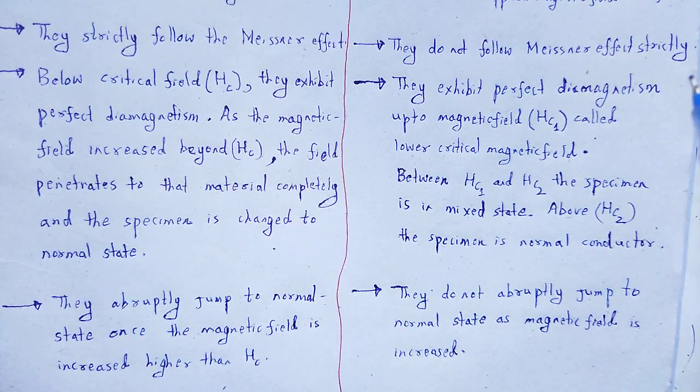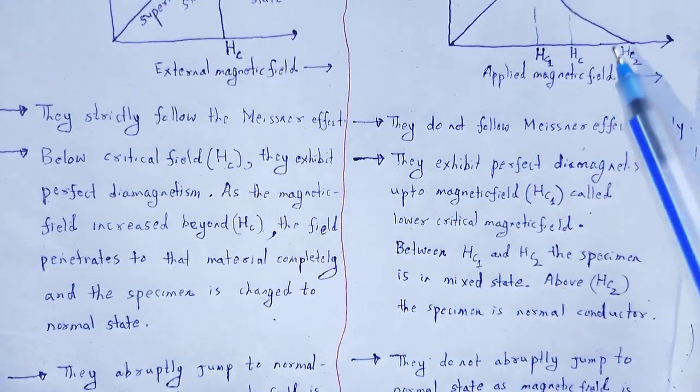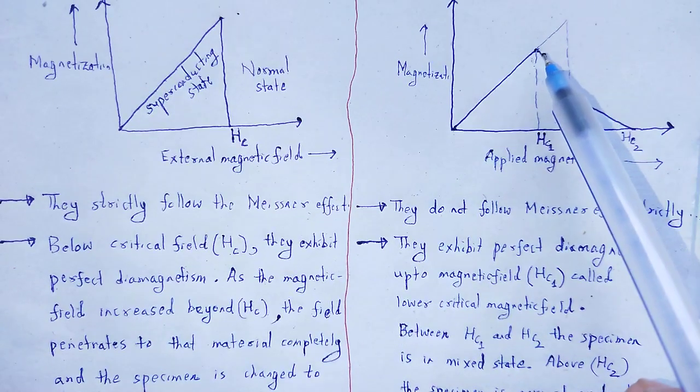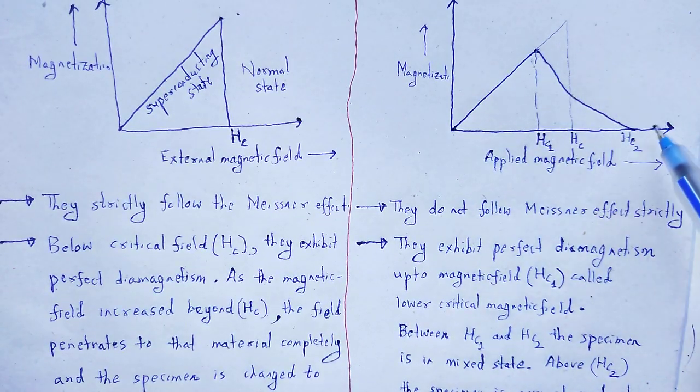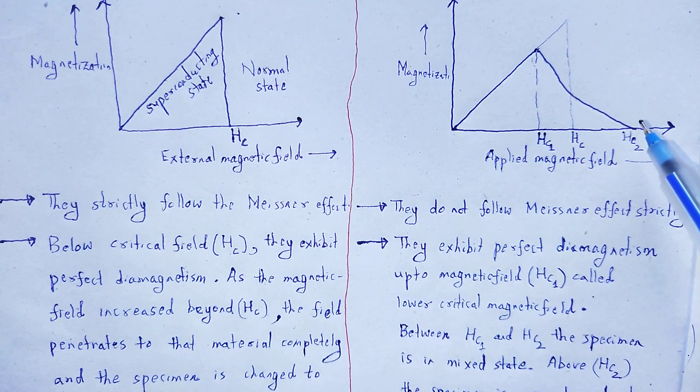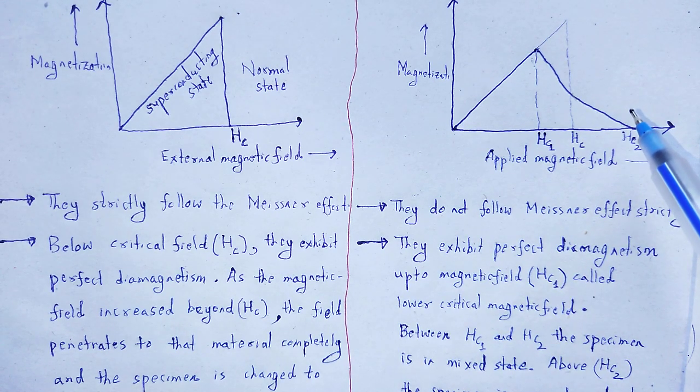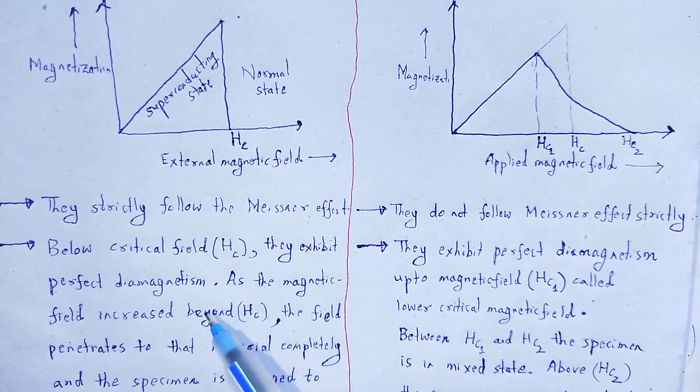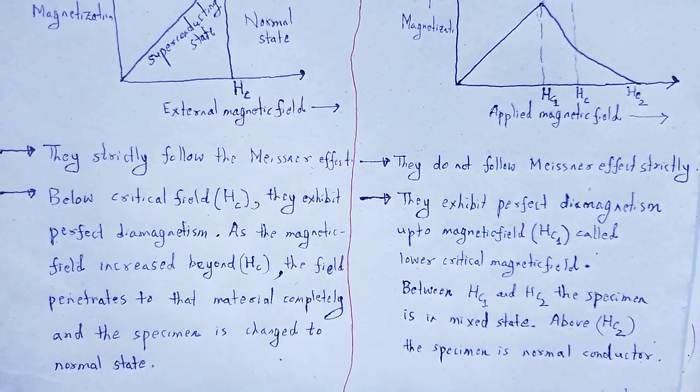In type 2 superconductors, jumping from superconducting state to that of normal state is not an abrupt one, means it is not rapid, that is a slow process in comparison to that of type 1 superconductors.